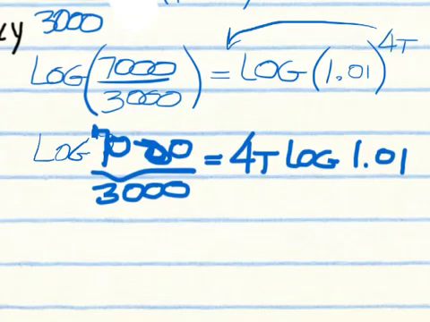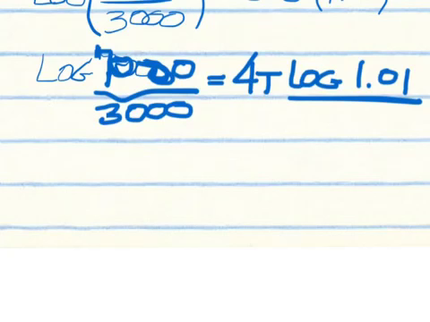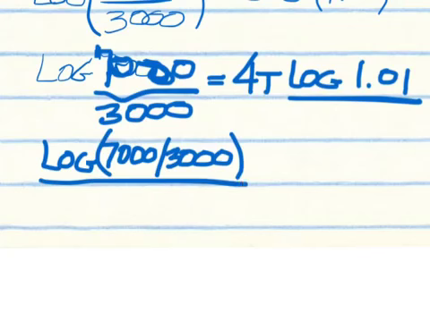Well, what we can do now is to get rid of this on this side. So on the left, we're going to have probably not enough room to finish this out. I hope we do. But we'll have log 7,000 divided by 3,000. And then we want to have this, log 1.01. We're dividing by log 1.01.